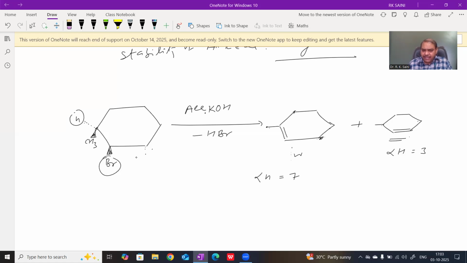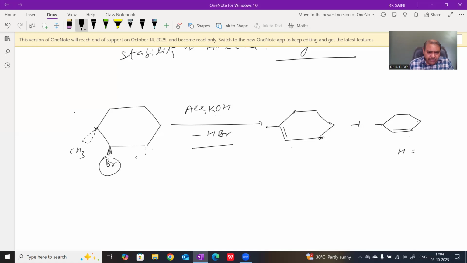But take the same substrate with a different arrangement or orientation, where the methyl and bromine are in anti position to each other, and react with alcoholic KOH, with elimination of HBr.